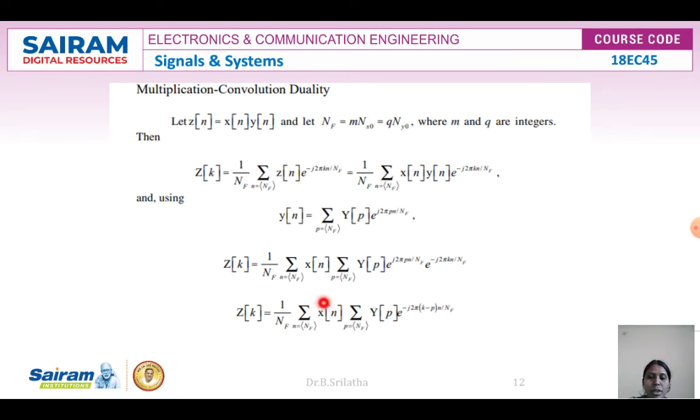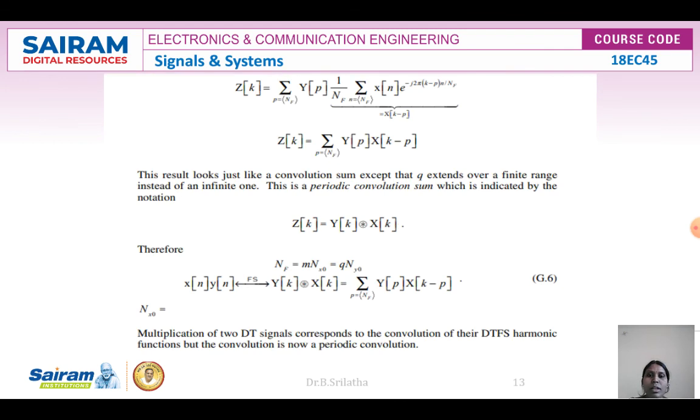One function is x of n and the other is y of p. So the whole thing is x of k minus p. It is in the form of a convolution sum of y of p into x of k minus p, so a convolution of x of k and y of k.